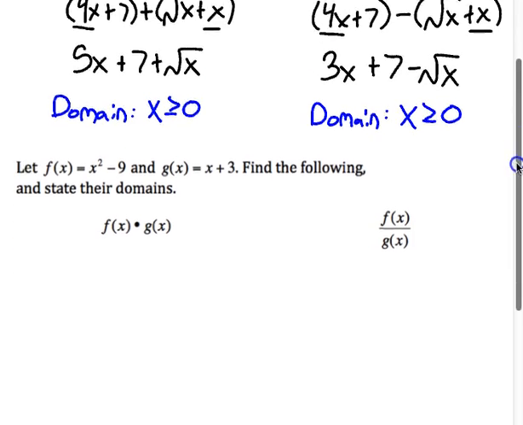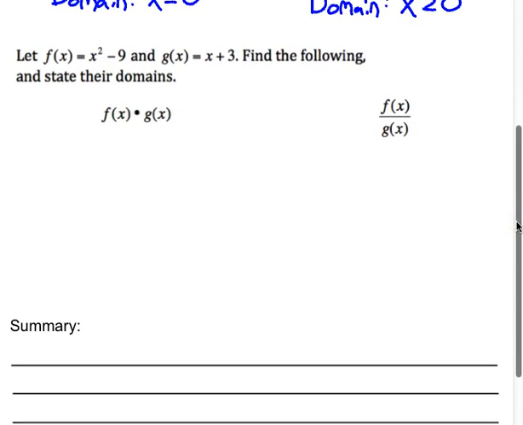Our last examples come from these two. F of x times g of x. So x squared minus 9 and x plus 3. So when I'm multiplying them together, again, the key here is FOIL.